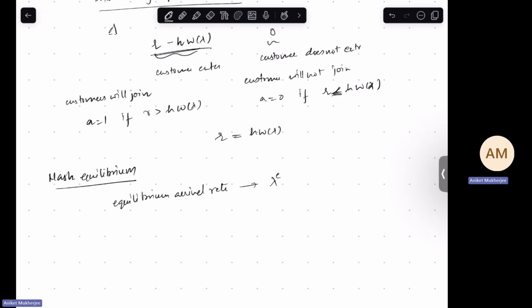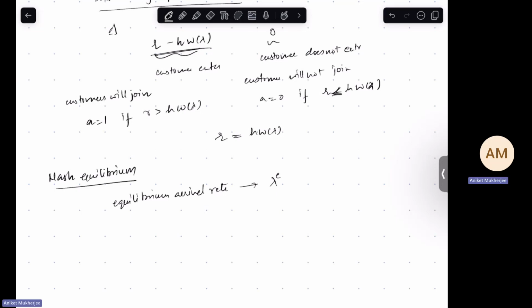Because if he deviates, then he'll be worse off than he was, because of what the other people are going to do. But in this case, it will remain the same. So lambda E would be 0, that is A is 0, if R is less than or equal to H W(0).